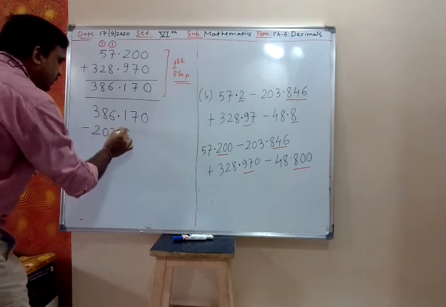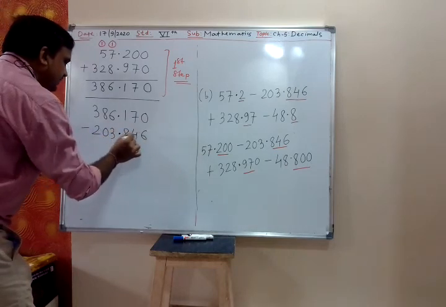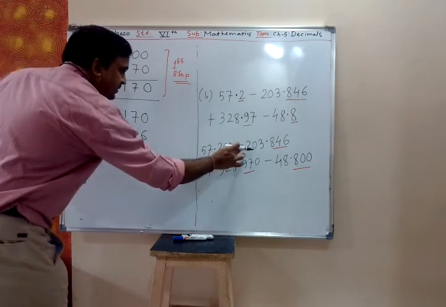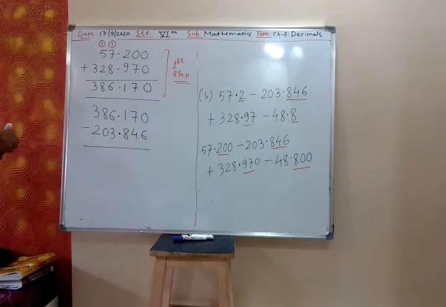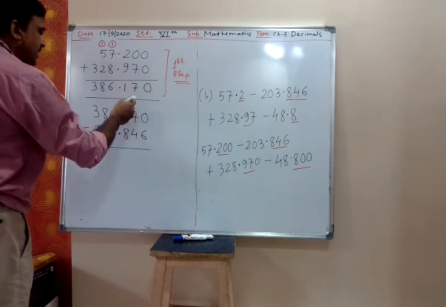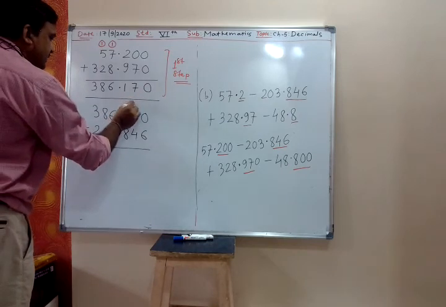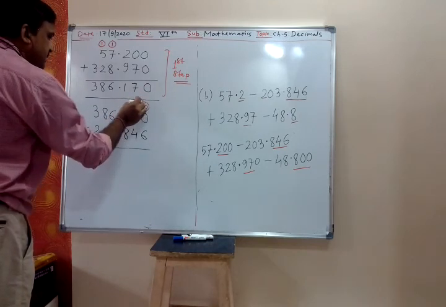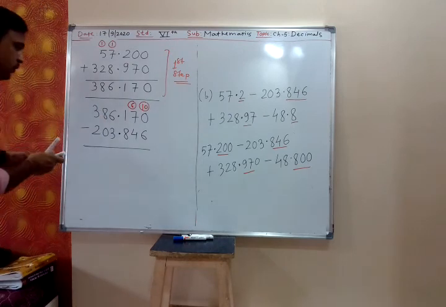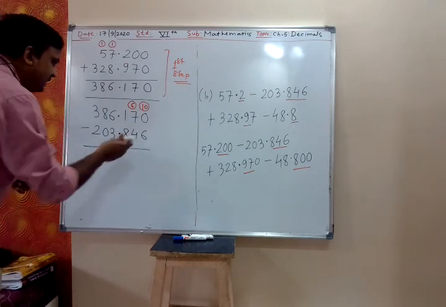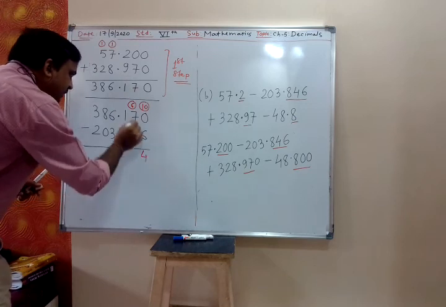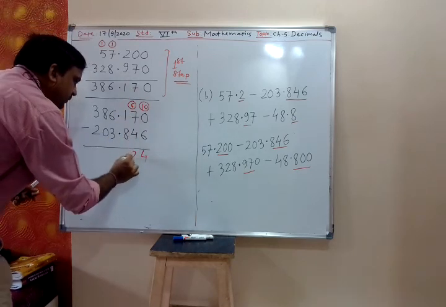203.846, we subtract because it is minus sign. So 0 minus 6: 1 is carried, 7 becomes 6 and 0 becomes 10. 10 minus 6 is 4. Then 6 minus 4 is 2.